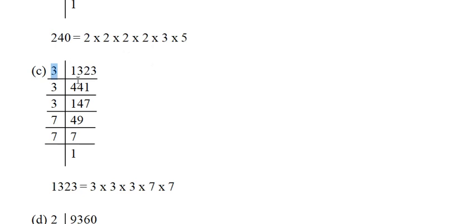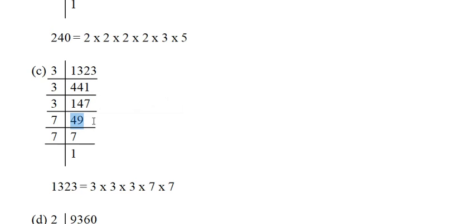When 1323 is divided by 3, you get the answer 441. Again, you can divide this 441 by 3, and you get 147. And again, this 147 can be divided by 3, and you get the answer as 49.